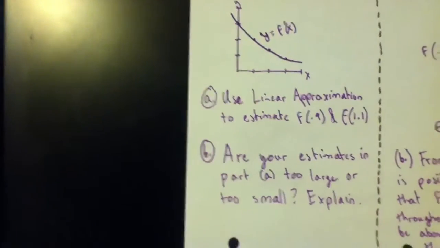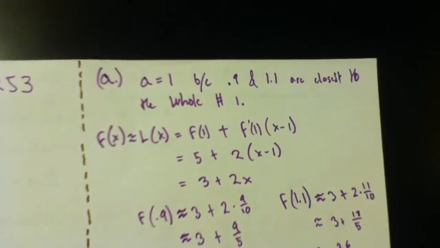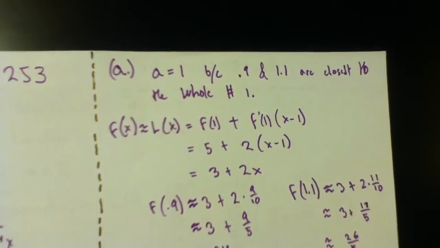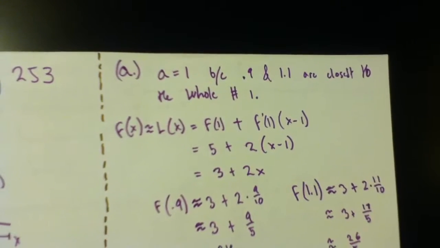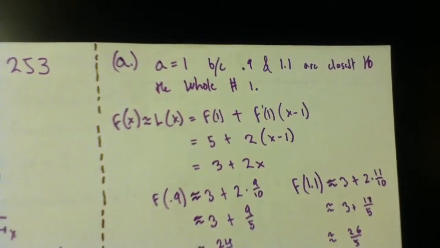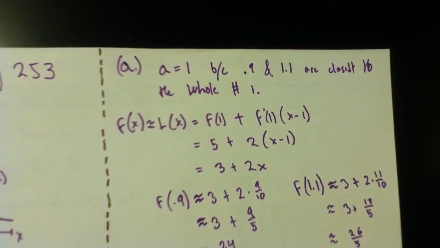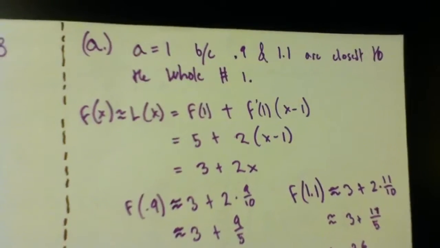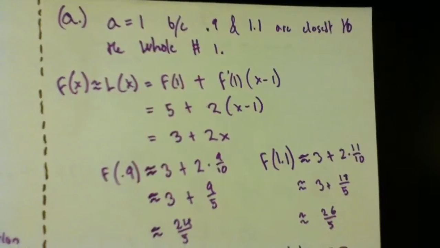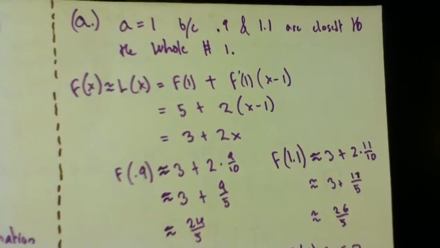And please explain. Now, how I went about this problem is the first thing I did is I figured out what A equaled. A in this problem equals 1 because 0.9 and 1.1 are the closest to the whole number 1, and it's easier to work with. So f of x about equals L of x, which equals f of 1 plus f prime of 1 times x minus 1.